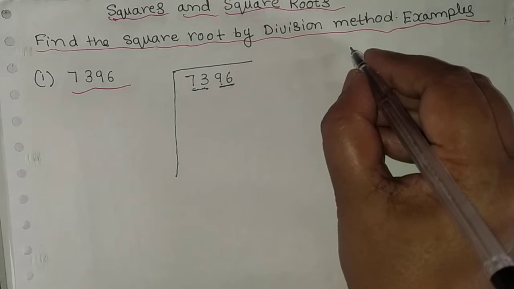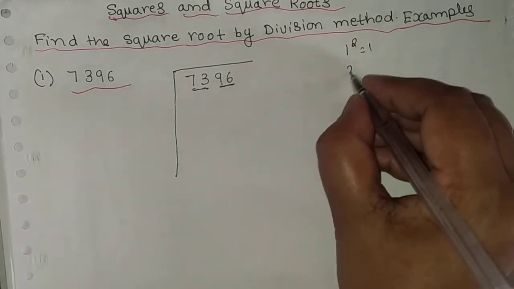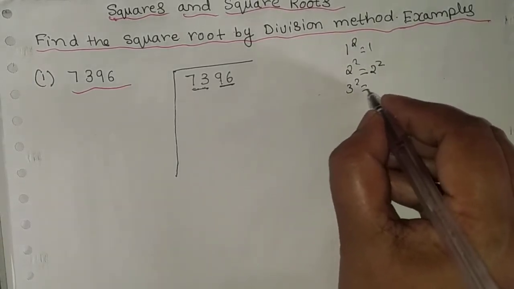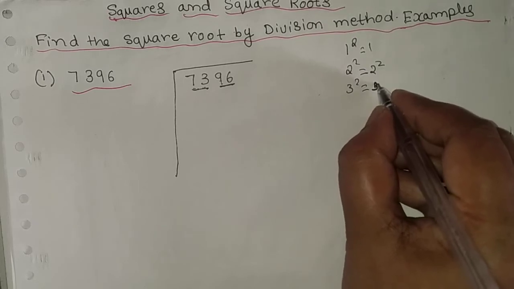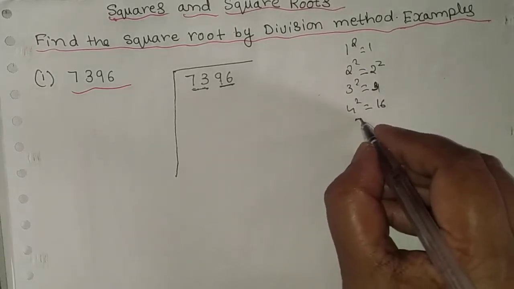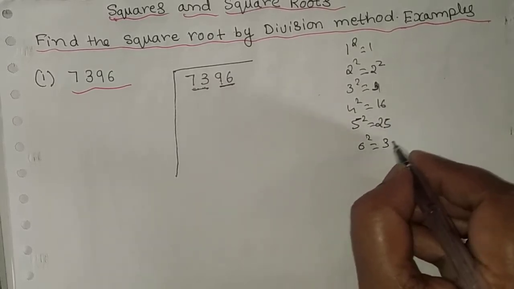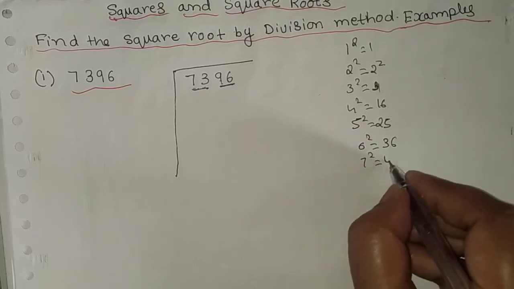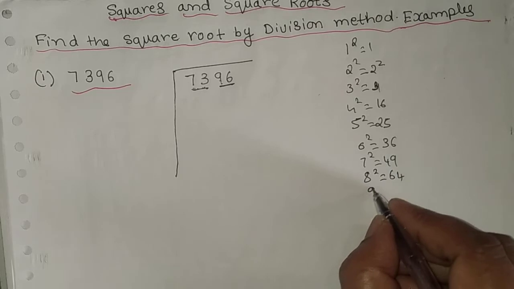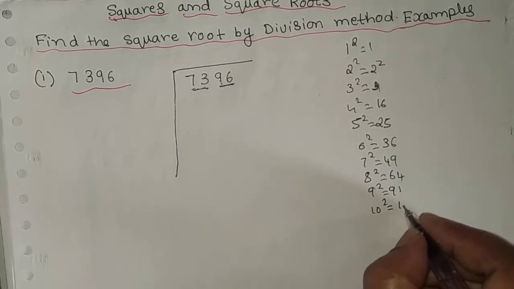See, take the rule: 1 square is 1, 2 square is 4, 3 square is 9, 4 square is 16, 5 square is 25, 6 square is 36, 7 square is 49, 8 square is 64, 9 square is 81, then 10 square is 100.